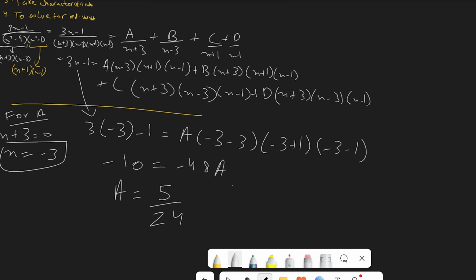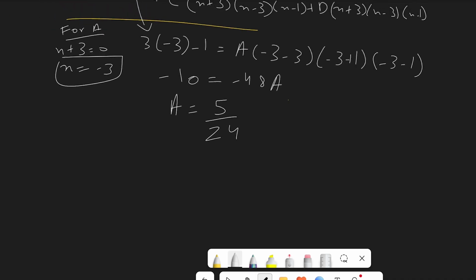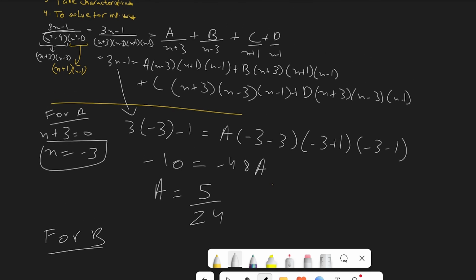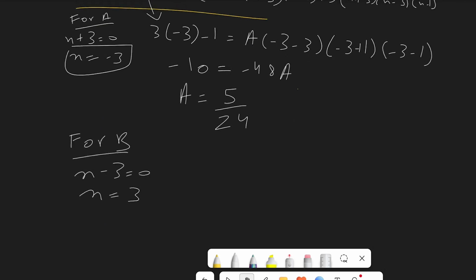Now we will do it for b. For b, we put the denominator of b, x minus 3 equal to 0, so x is equal to 3, and we put 3 into the entire thing.